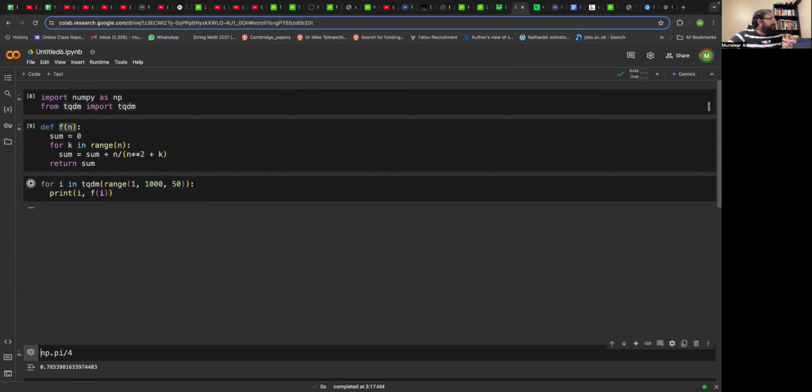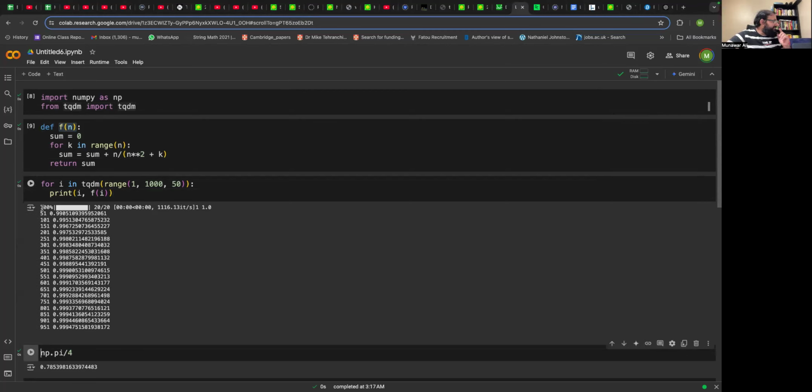And I'm evaluating for different values, and you can see I evaluated when n is 51, and then all the way up to 951, my answer is going to approach 0.99, which is going to be 1. So if the limit n goes to infinity, this value is going to be consistent and it's going to converge to 1. So this is one idea.